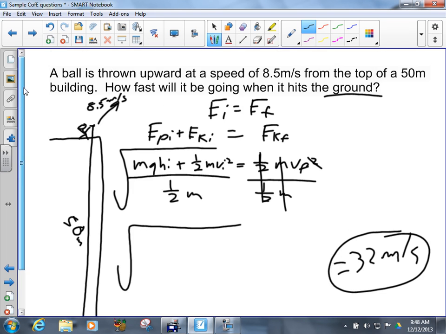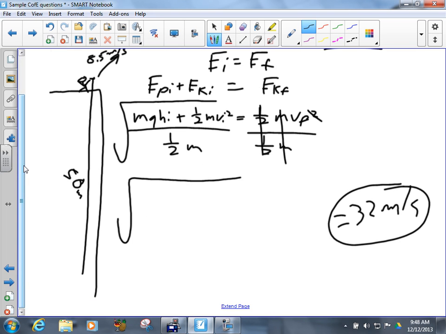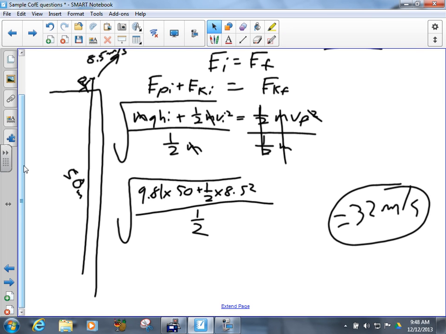I didn't give you the mass, did I? So we have to cancel m because you weren't given it. So 9.81 times 50 plus 1/2 times 8.5 squared, over 1/2, square rooted, and that should give us 32 meters per second.